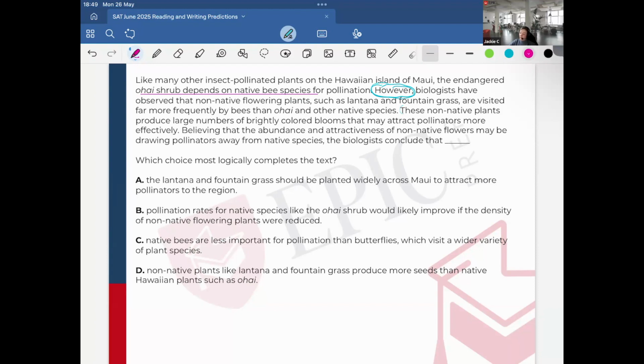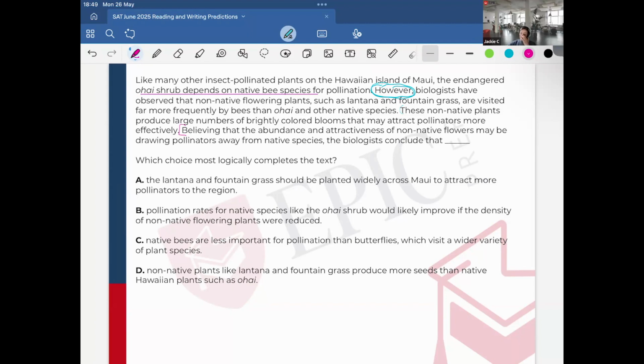And then we have to find their conclusion, the biologists' conclusion. So what would they likely conclude? So non-native plants are pulling pollinators away. This would probably be hurting the native plants. So I'm looking for something that's going to fill this gap in the logic. So let's see.